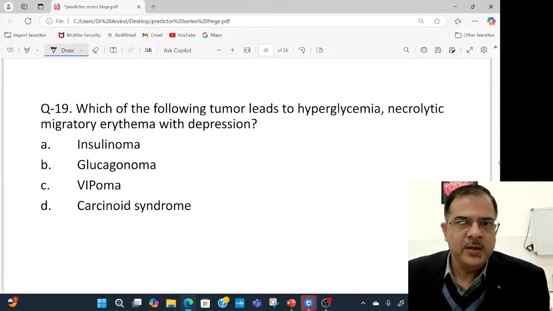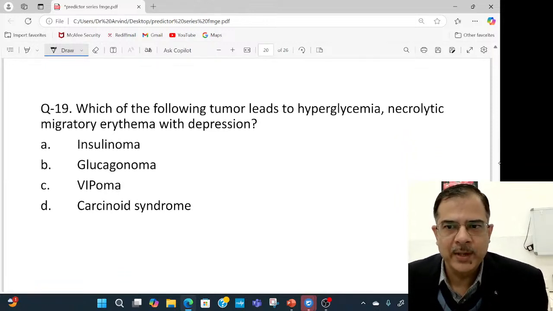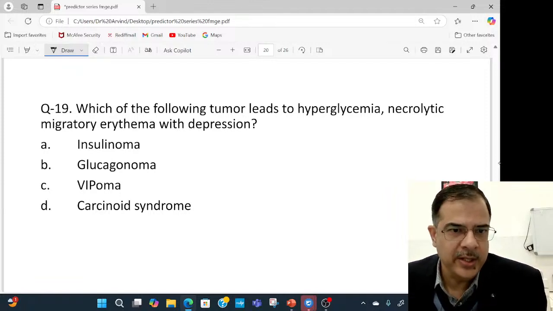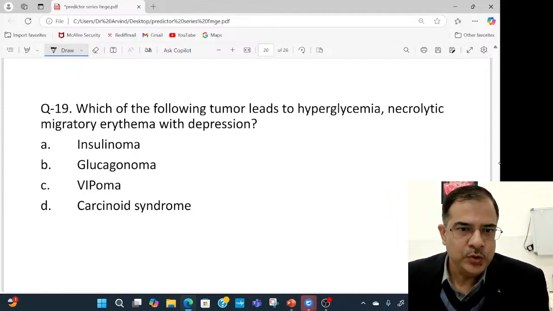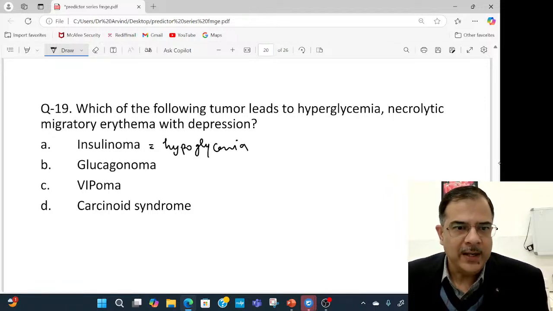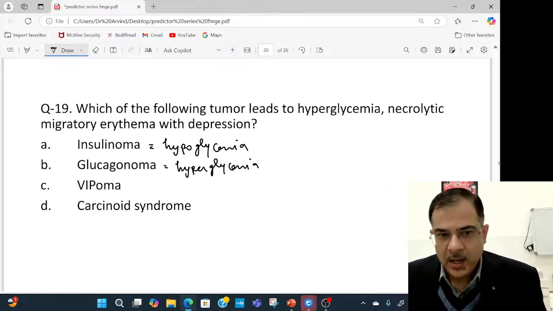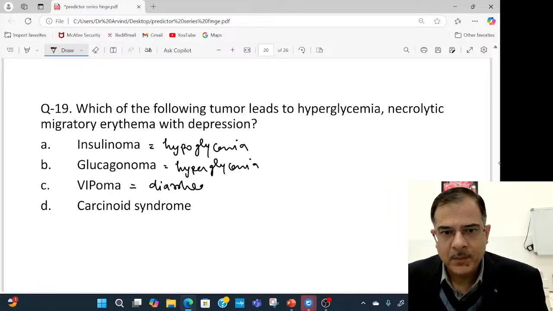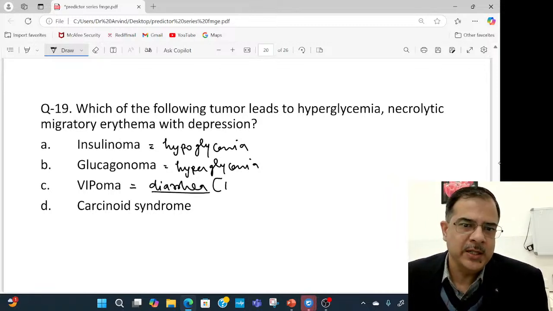Now, question 19. Which of the tumors leads to hyperglycemia, necrolytic migratory erythema with depression? Insulinoma causes hypoglycemia, while glucagonoma causes hyperglycemia. VIPoma causes secretory diarrhea. Diarrhea must be present. It is present in 100% of patients.